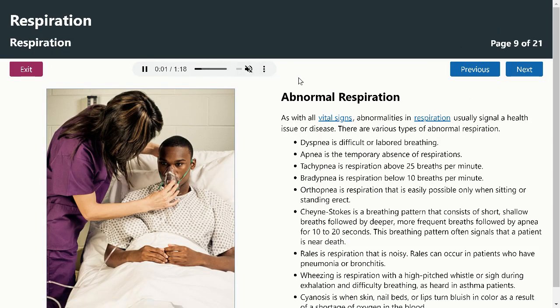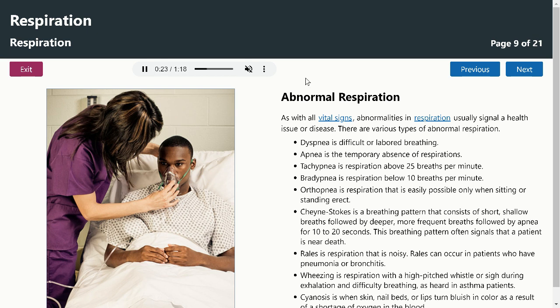Abnormal respiration. All right. So as with all vital signs, abnormalities in respiration usually signal a health issue or disease. There are various types of abnormal respiration. You have dyspnea, that means it's difficult or labored. So that means you're having a hard time breathing, you can't catch your breath. We also call dyspnea shortness of breath.